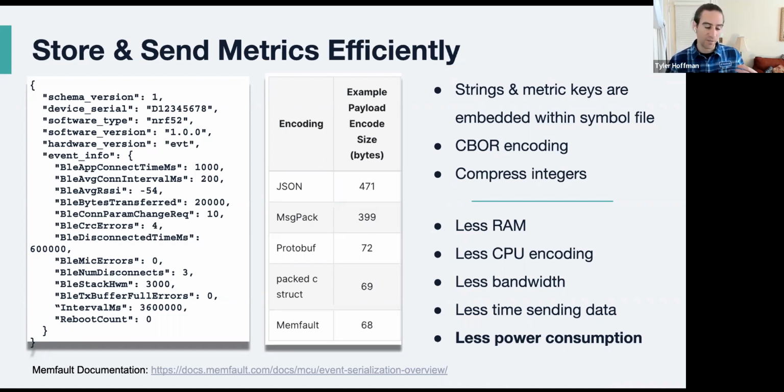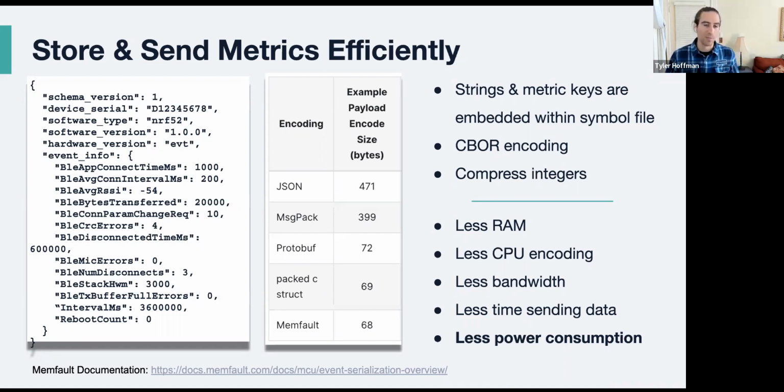But I've never liked the fact that protobuf and a packed cstruct require a sort of schema on the other end. You have to keep track of your protobuf files, or you have to keep track of exactly how your cstruct is encoded. We use CBOR, and we use the symbol files that customers give us and upload to our service. And we will use that to basically decompact or uncompress everything.